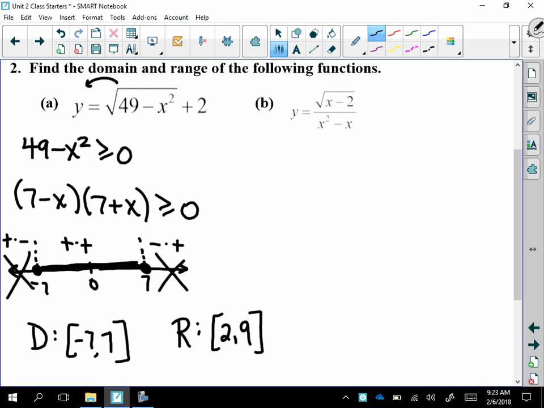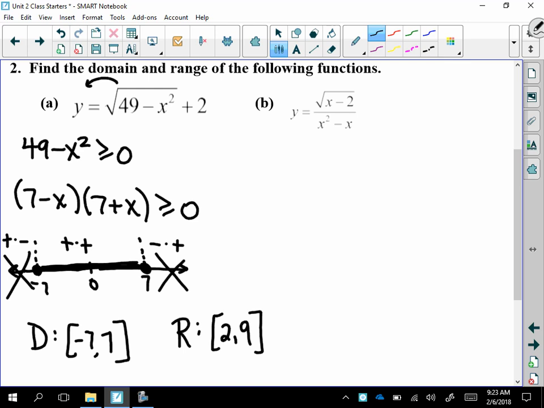And then he reasoned out, well, what about the maximum end of that? The maximum end means what's the absolute biggest value that I can get out of this square root? And he figured that it was 7. Why is that the biggest value that could come out of that square root?